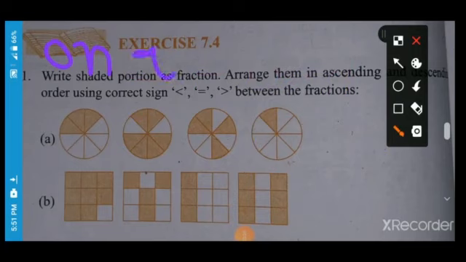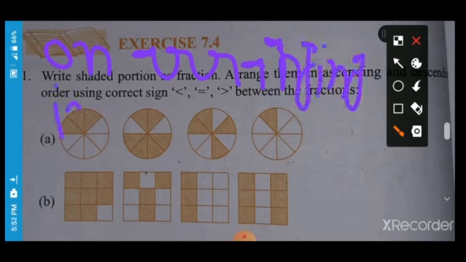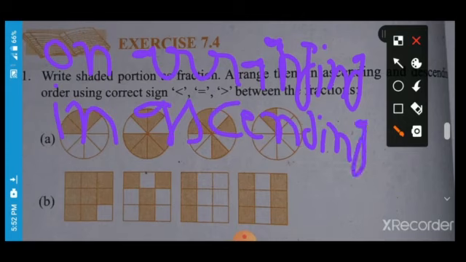On arranging in ascending order. What is ascending order? Ascending order is from small to greater, lesser to greater. That order is called the ascending order.